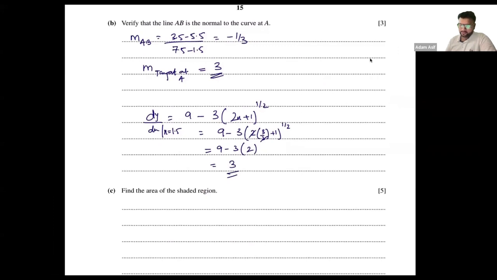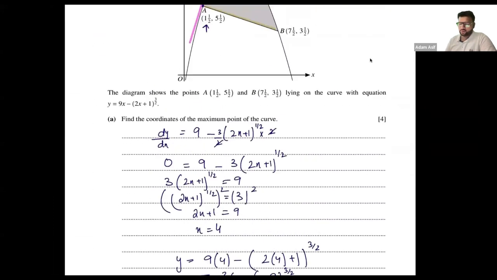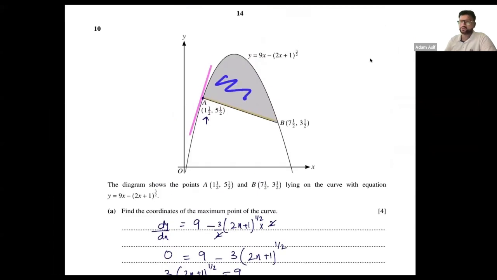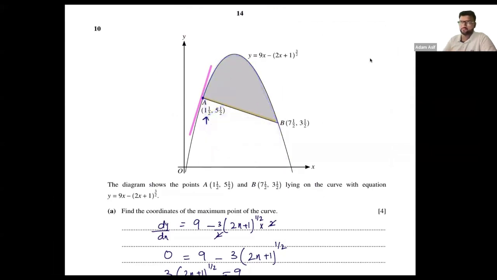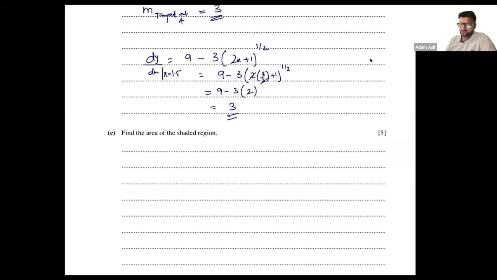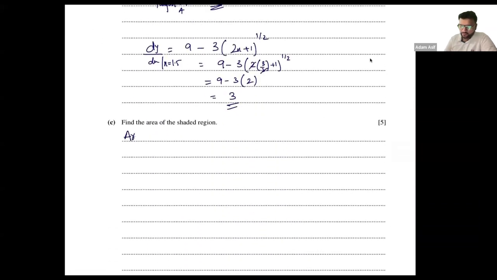Then it says, hence find the area of the shaded region. Okay, how can I find the area of this shaded region? First, I'm going to integrate the curve from point A to point B, and then subtract the area of the trapezium from it. To find the area under the curve from A to B, I'll have to integrate the curve.